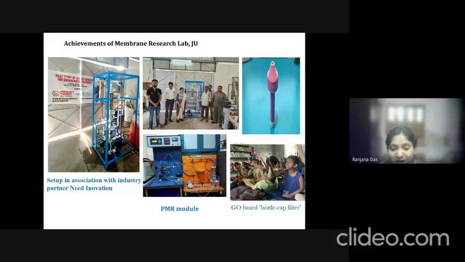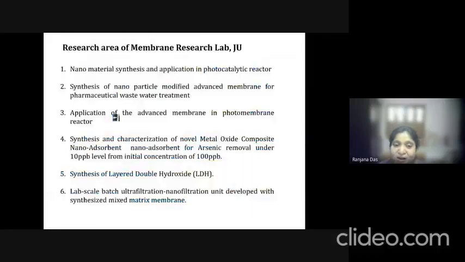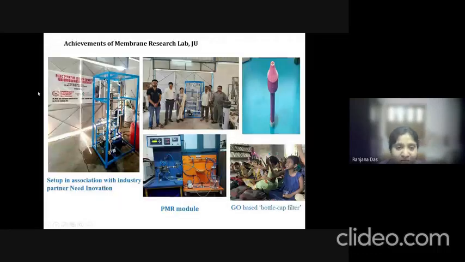We have tested, and the observation is that very good removal of the arsenic is there, for arsenic 3 and for arsenic 5. That module was designed with our team, and our partner for this designing is Need Innovation. They are helping us in designing this setup.